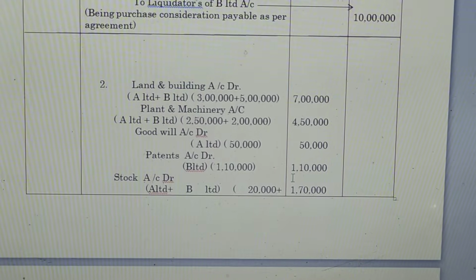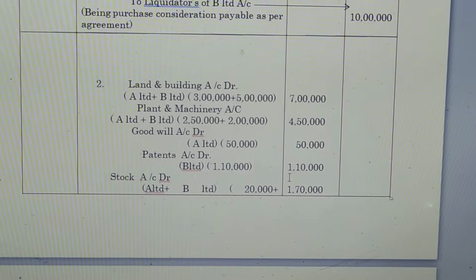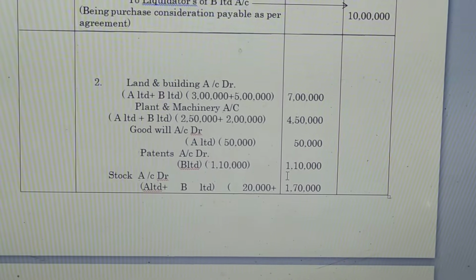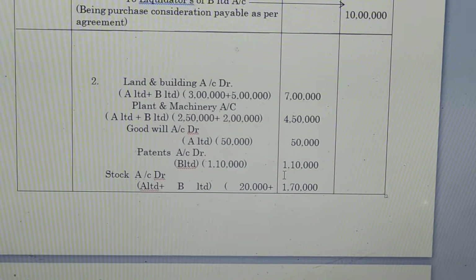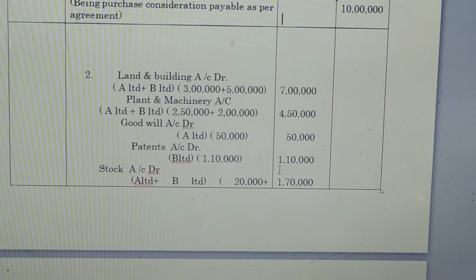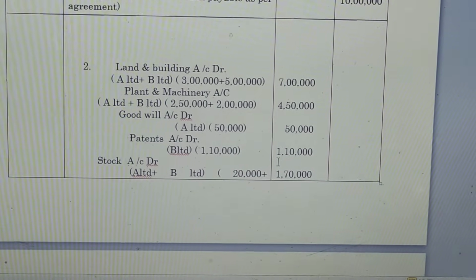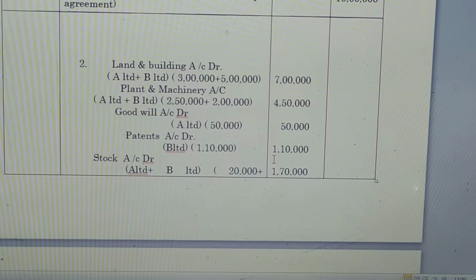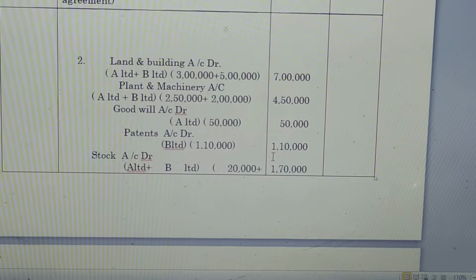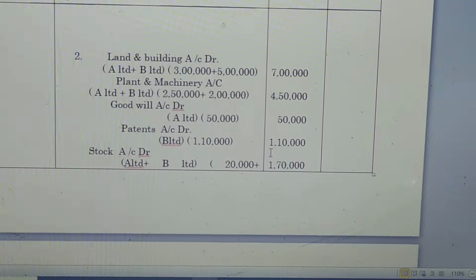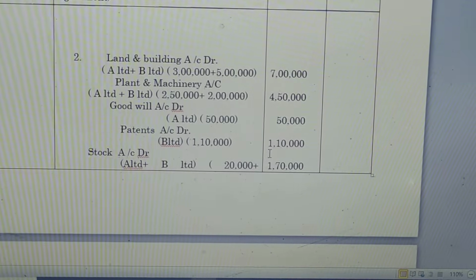And patents account debit for B Limited, the amount is rupees 1,10,000. And the stock value for both companies, the total amount is 1,70,000, which we mention on the debit side.